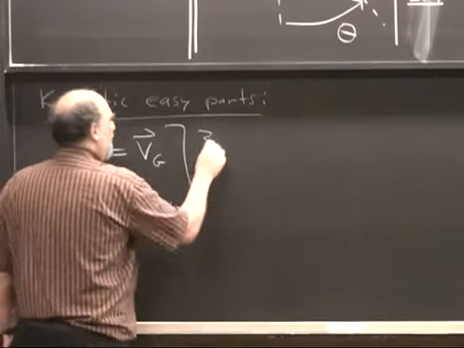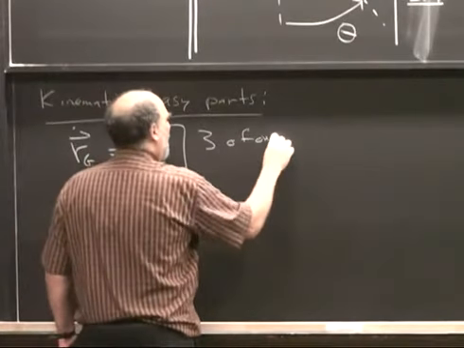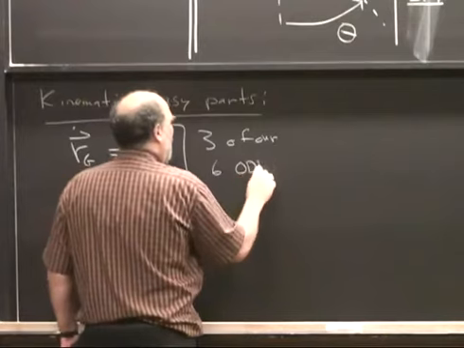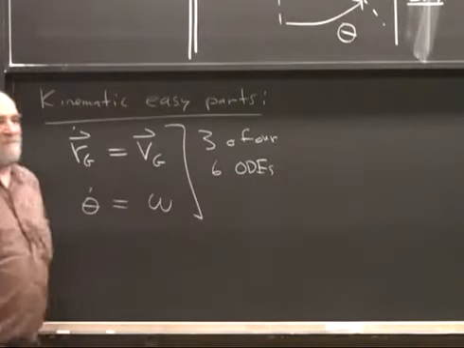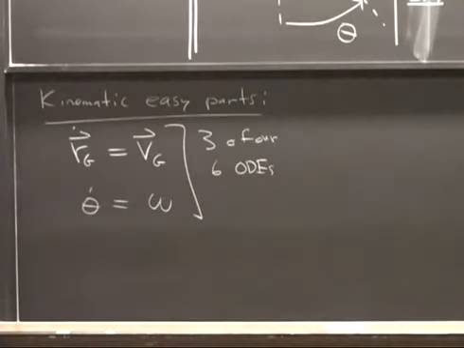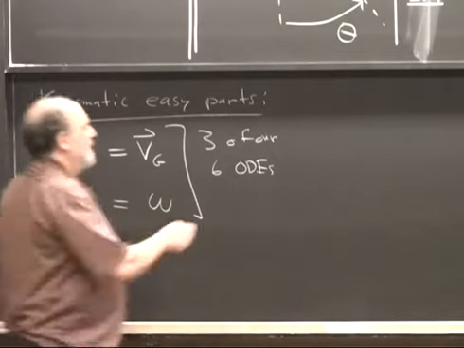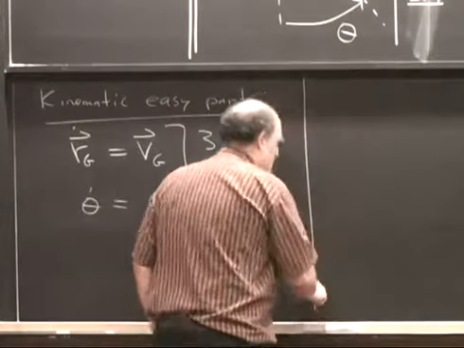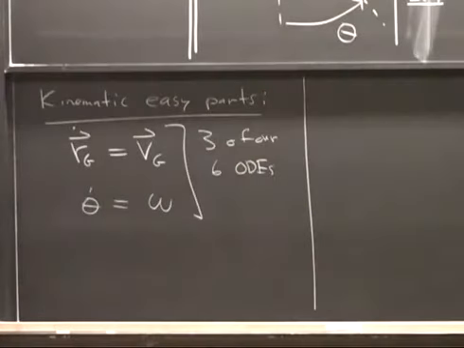So these are 3 of our 6 ODEs. So half of what we need to give to MATLAB is just trivial. So now we're getting down to the hard half. And the hard half is the part we have to use the laws of mechanics for.